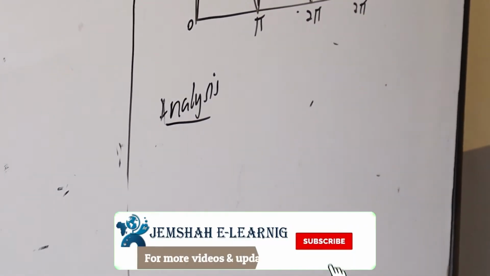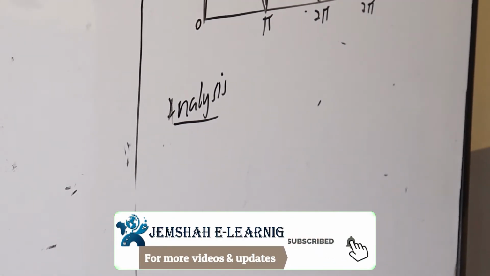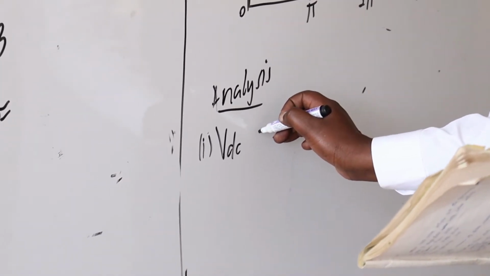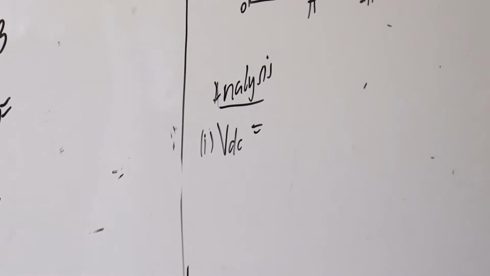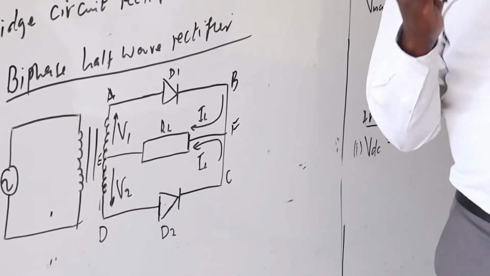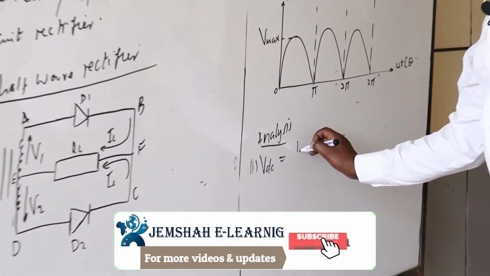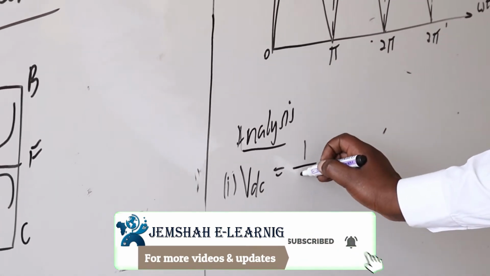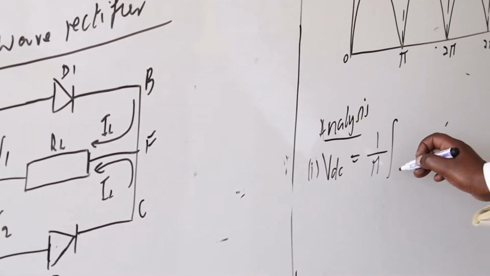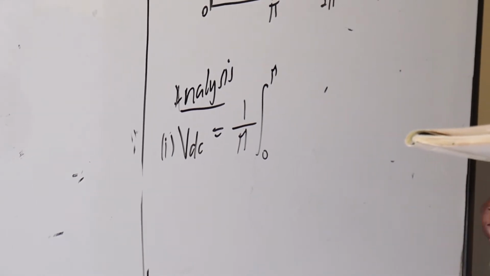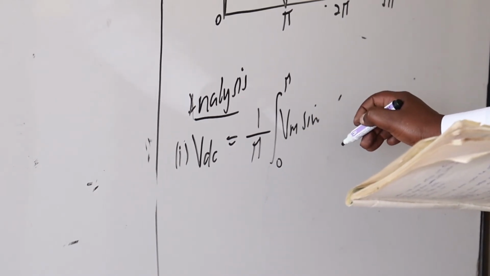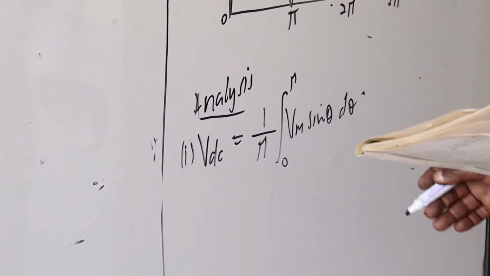So we can get the VDC. So the first one here is the VDC. So now you see it is the same secondary voltage that was split into two. So now we are going to split the 2 pi, so it is 1 all over pi, the integral from 0 to pi, Vm sine theta, this is our input, Vm sine theta with respect to theta.